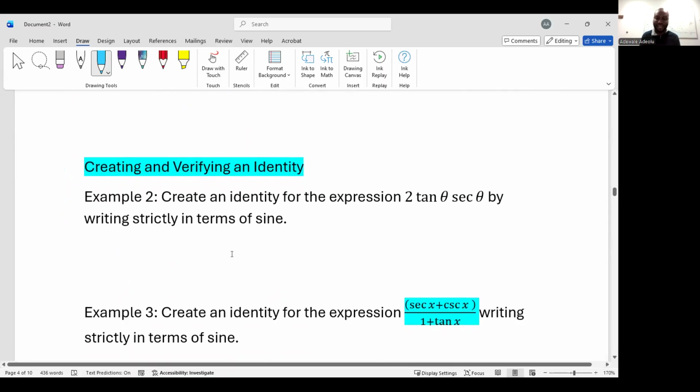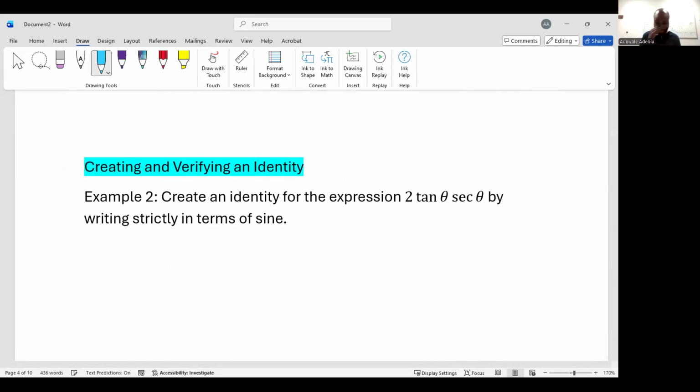Okay. Now, another form is we can create identity. So in this case, we do not have a left-hand side and right-hand side where we want to use one to verify the other side. Or we want to simplify one side to be equal to the other side.